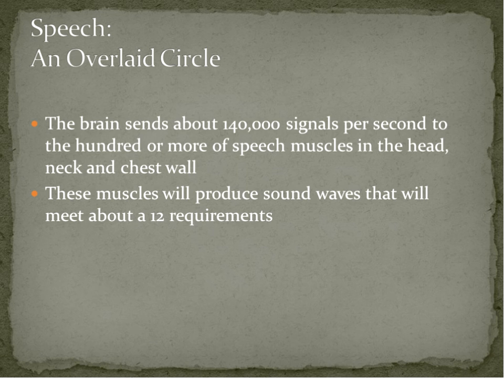I'm trying to think of another example, one that you would know, that's not part of the speech and hearing mechanism, that I would actually know the correct muscle for.